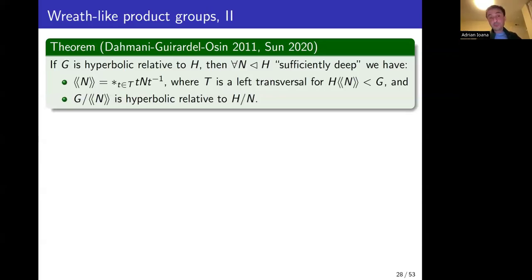And moreover, when you take the quotient of G over the normal closure of N, this will maintain relative hyperbolicity relative to H mod N. So this is saying that this type of quotienting technique maintains relative hyperbolicity, plus this normal closure has a free product structure.